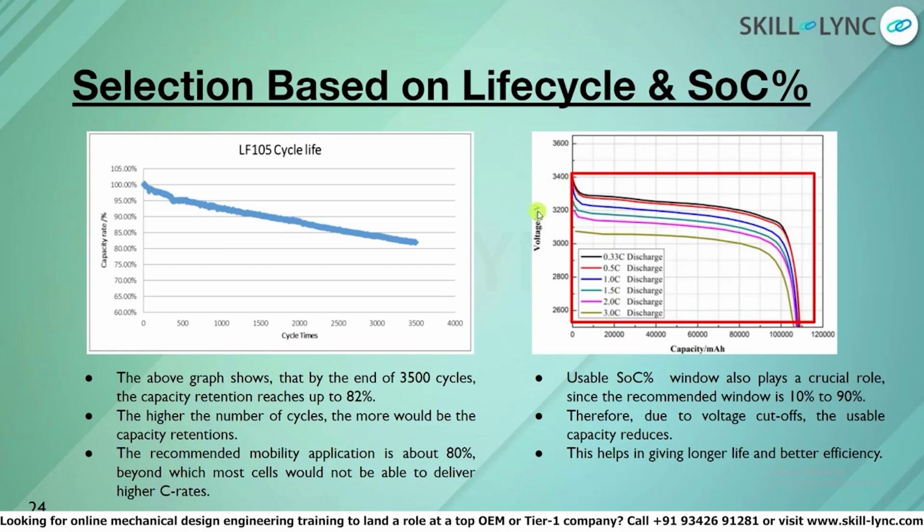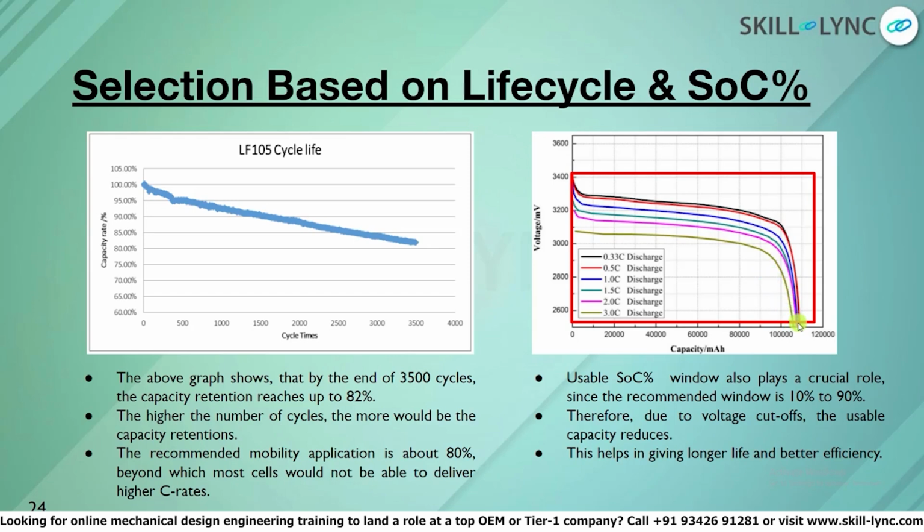And also I would like to highlight a little bit over here, for the second graph. If you see, there are different C rate graphs, 0.3C, 0.5C, 1C up to 3C. If you see the green line, which is for 3C, and you are discharging the cell at 3C, you see that you end up quite before 105 AH. And if this is done quite often, you'll end up in loss of capacity.